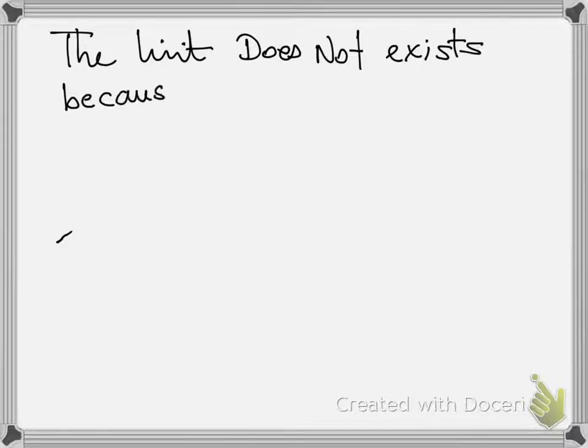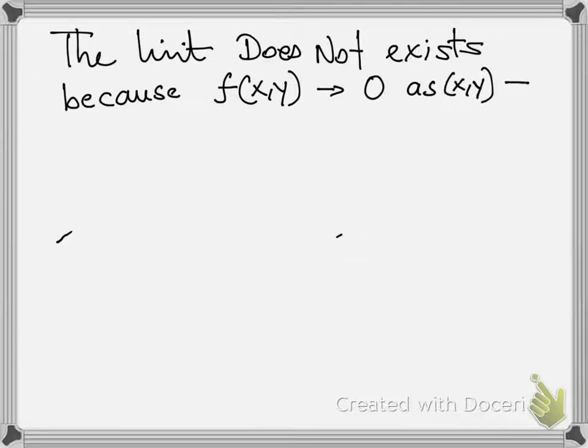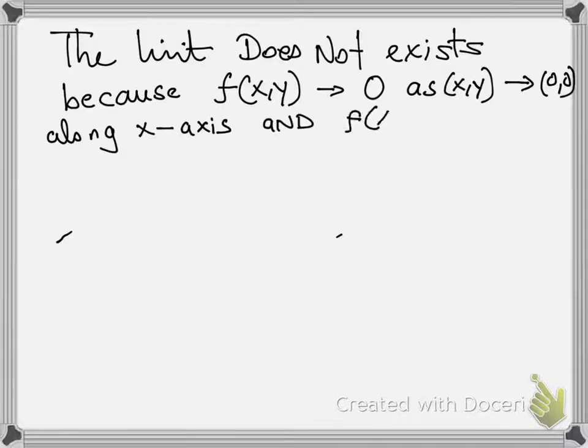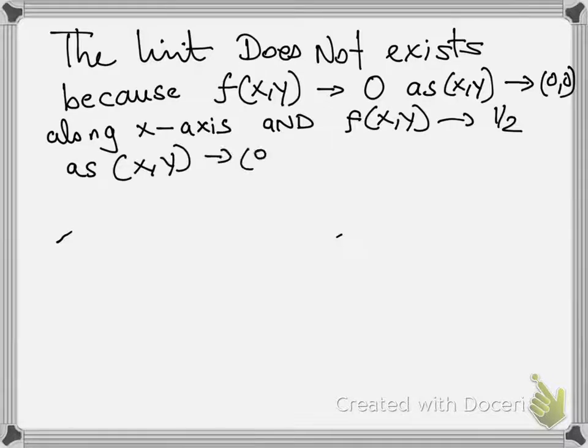Because f of (x, y) goes to, let's say, 0 as (x, y) approaches (0, 0) along the x-axis, and f of (x, y) approaches half as (x, y) approaches (0, 0) along the diagonal x equals y.